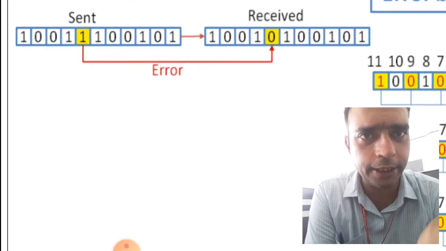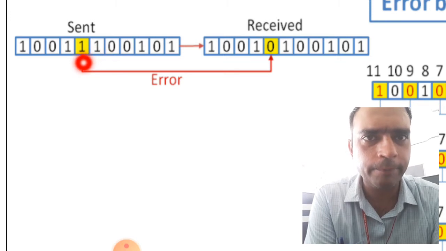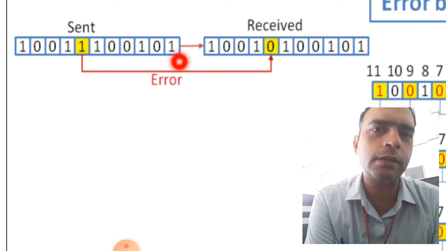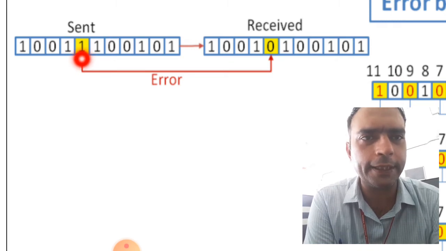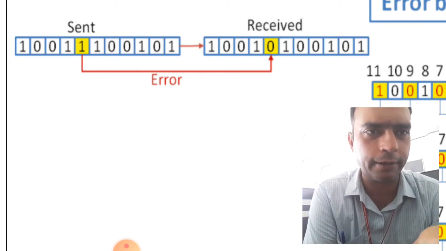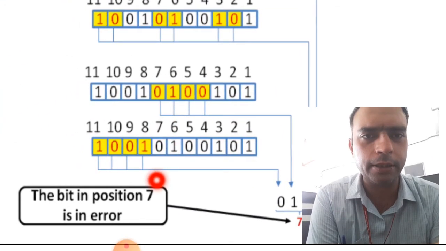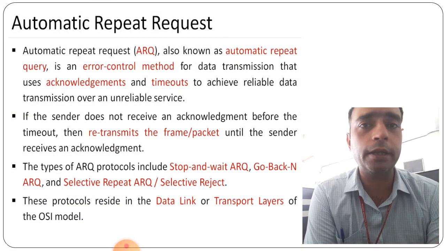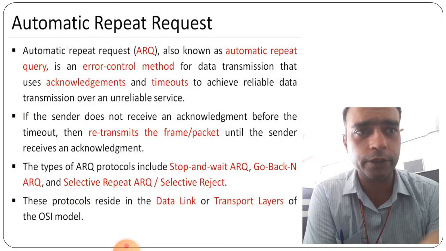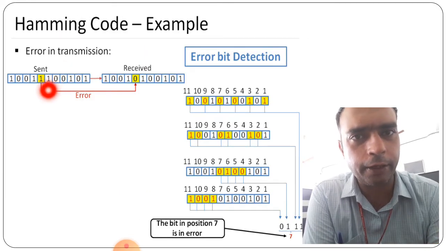Counting 1 2 3 4 5 6 7 from the right side going up to position 7, we can see that the 7th position has the error. So we can detect that through this method. This is how we find out which position the error is at.